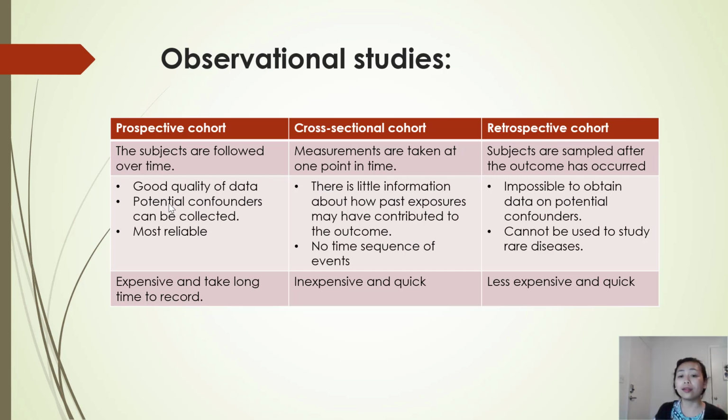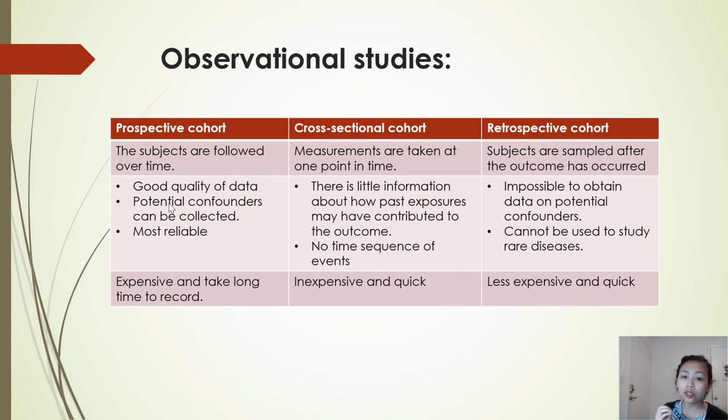So the past exposures will be missing. We ignore the effect of the past exposure on today's exposure and also on the future exposure. So we have no time sequence of events. Those are the disadvantages of cross-sectional cohort.